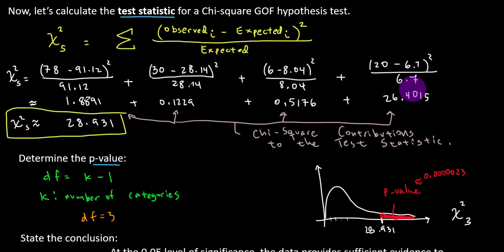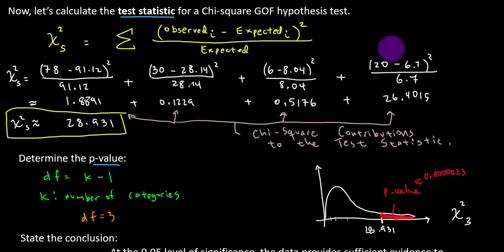This is the category of the riparian usage, where the riparian habitat was used much, much more than was expected. Only 6.7 nests were expected to be observed in the riparian zone if there was no preference in habitat use.